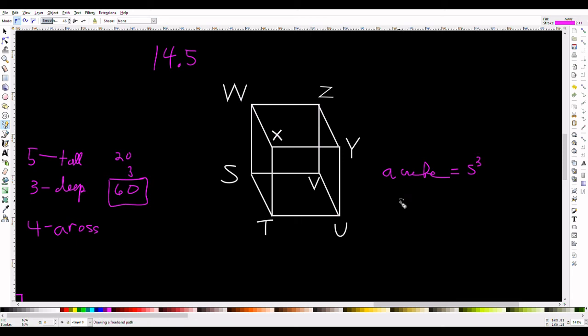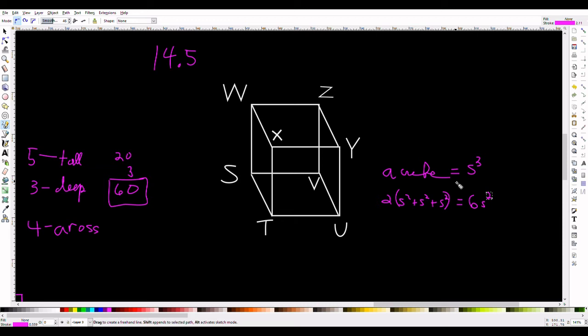S squared plus S squared plus S squared, all times 2, equals 3S squared times 2, equals 6S squared. 6 sides, S squared.